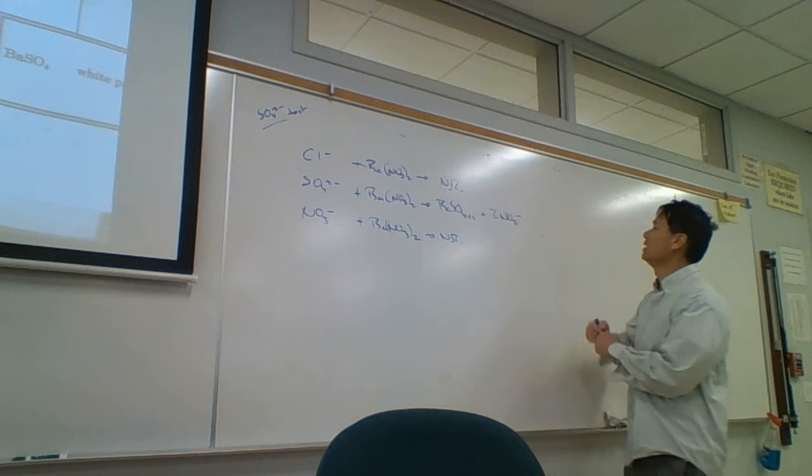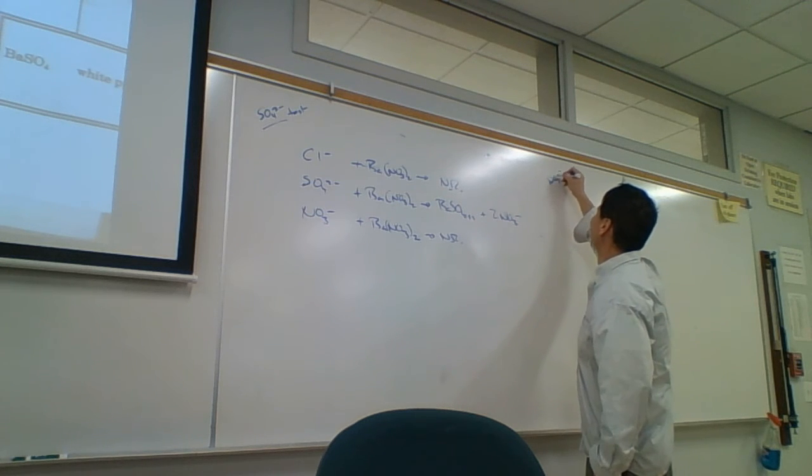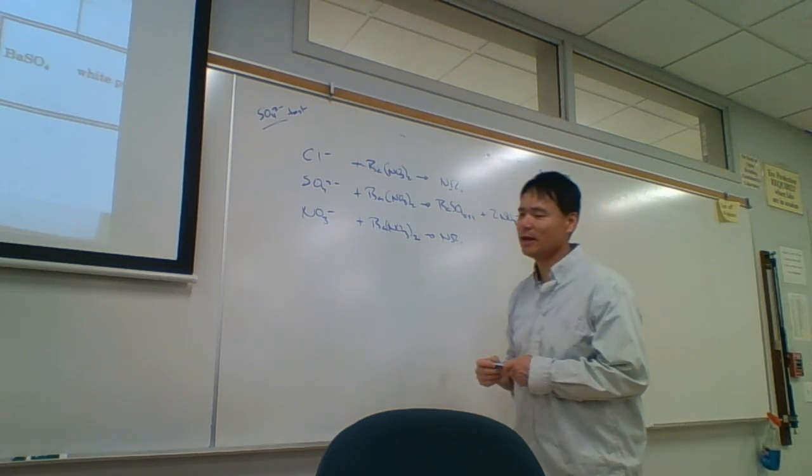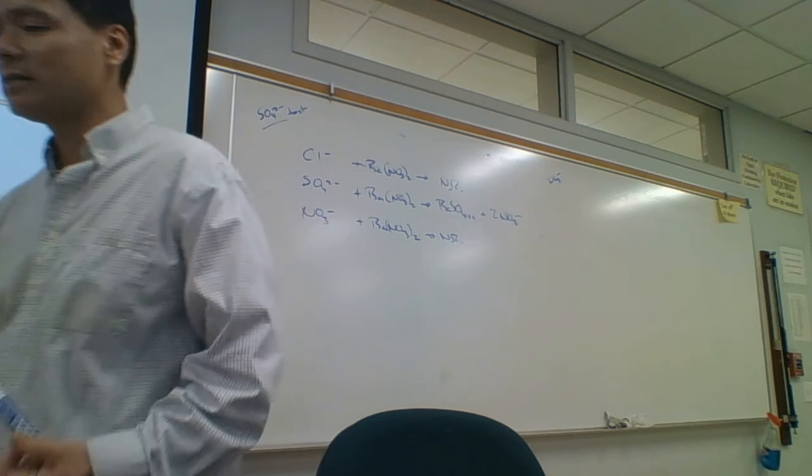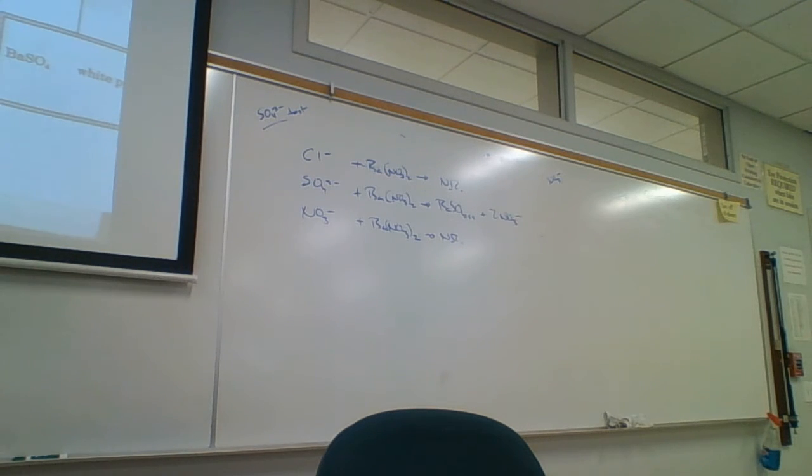Okay, finally, the nitrate test. Nitrate doesn't precipitate out with anything, so we have to use a different test. The different test is going to be taking advantage of a redox reaction here.